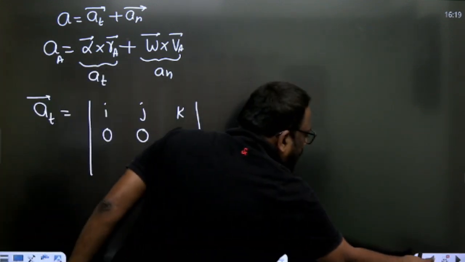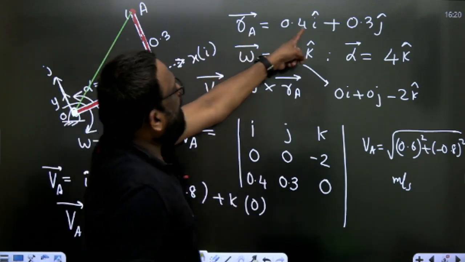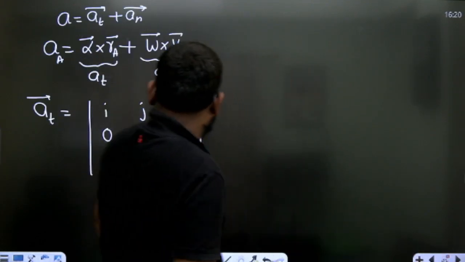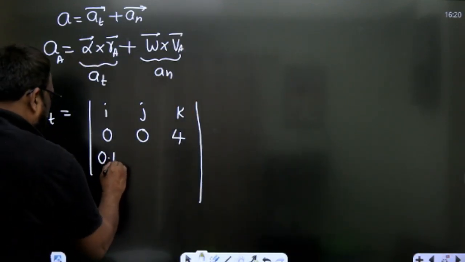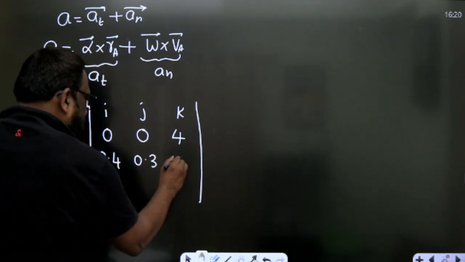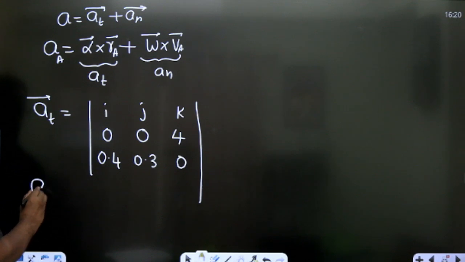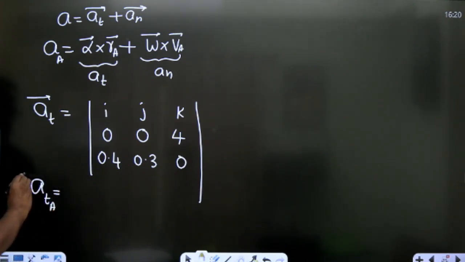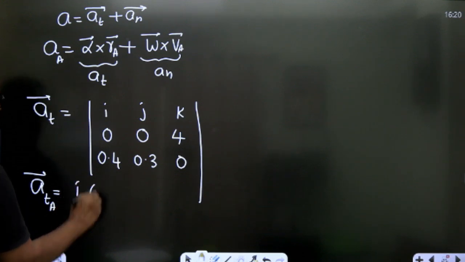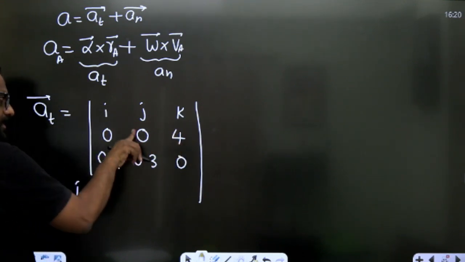RA is already known. Have a look once, RA is 0.4i plus 0.3j, there is no k. Take the cross product of this, sir. This will be this portion. Therefore, the tangential acceleration at point A is given by i into this minus, look, this minus this.